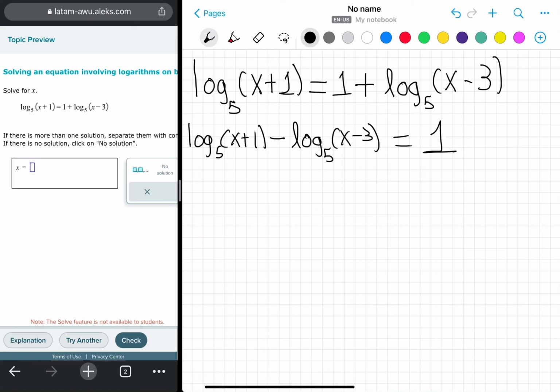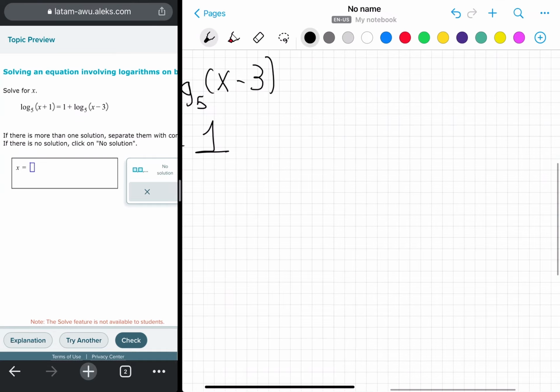I do that because when I have them on the same side, in this case the left side, I can apply the properties of logarithms. And here, note, I have a minus sign and I have two logarithms of the same base. So what rule can I apply here? Remember the rule of the quotient.